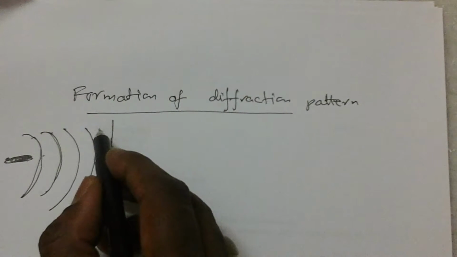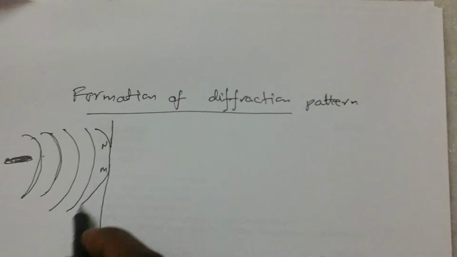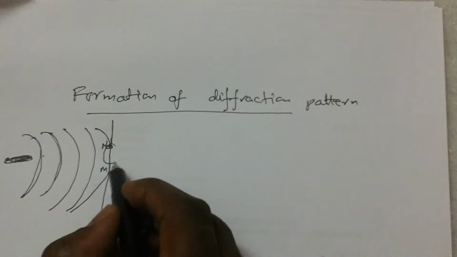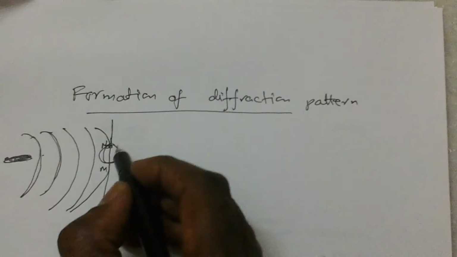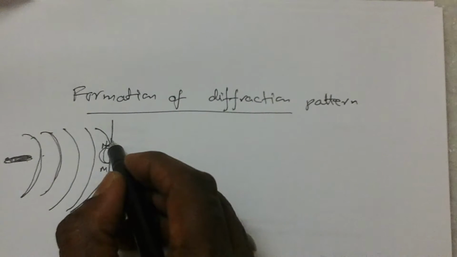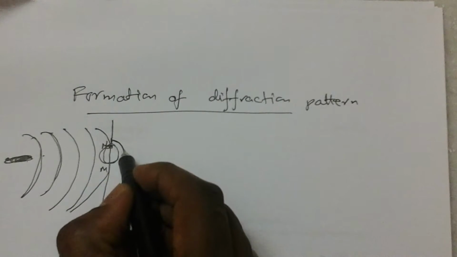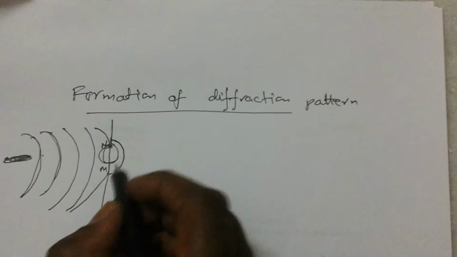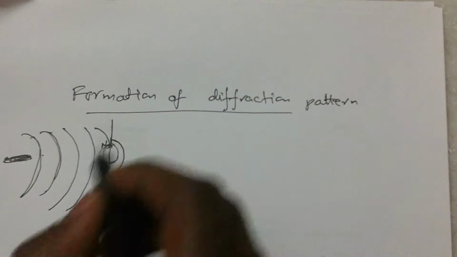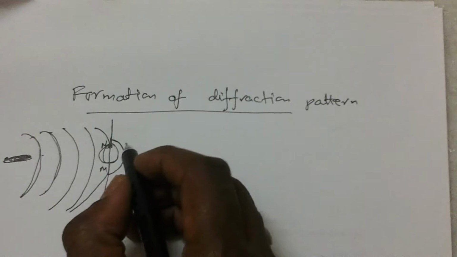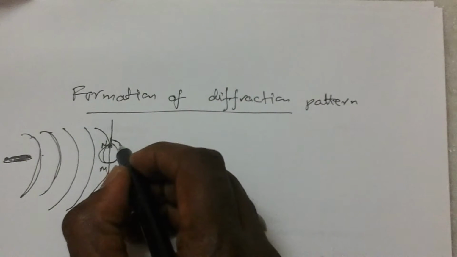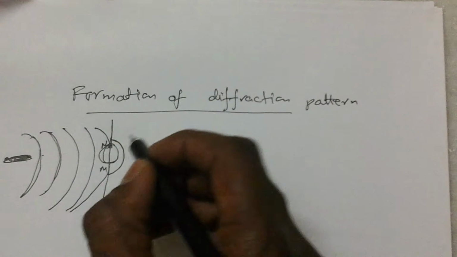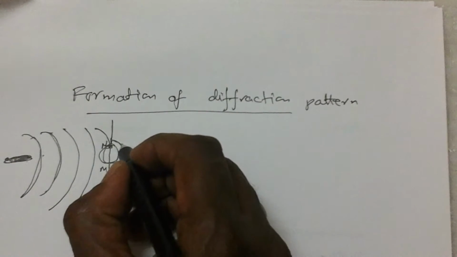These wavefronts are falling on the slit here. After falling, the spherical wavefronts emerge out from the slit like this. So from this point of the slit, we are again getting a spherical wavefront.